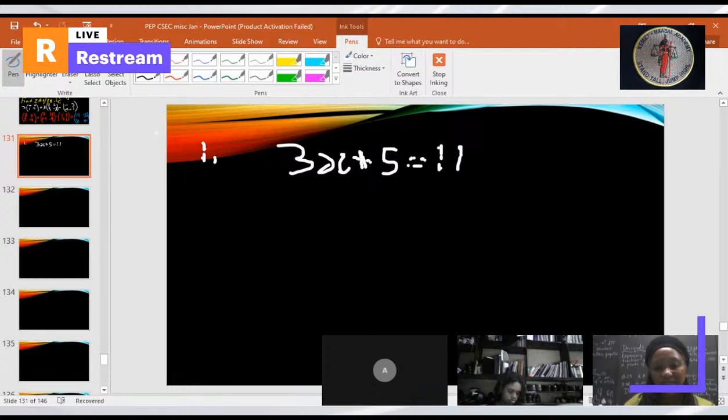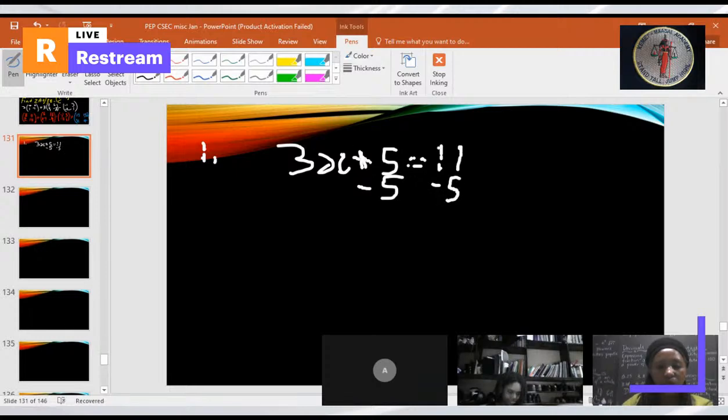So we want to isolate the variable. The variable here is x. At the moment, it is attached to the 3. So the easiest thing to do for now is to remove the 5 from the left-hand side. We're adding 5, so we're going to do the opposite of that, which is to subtract 5, and we have to do that from both sides.